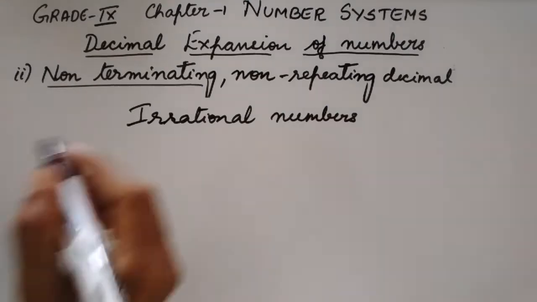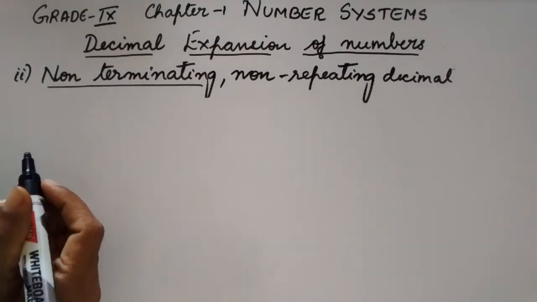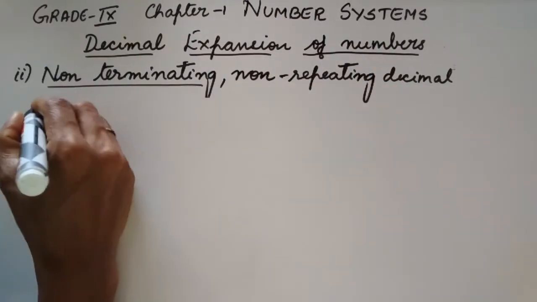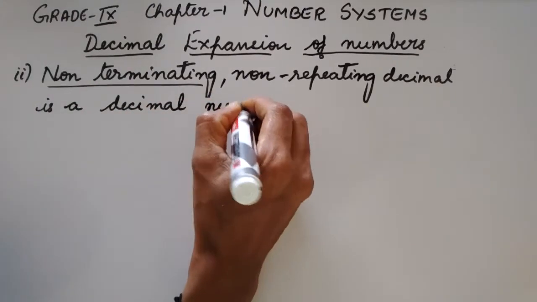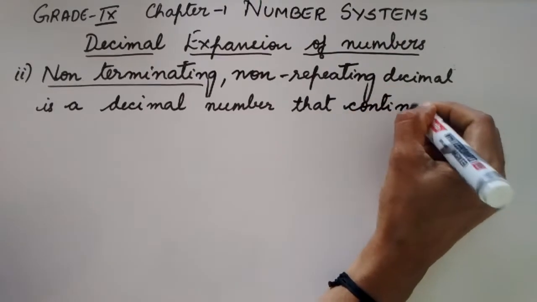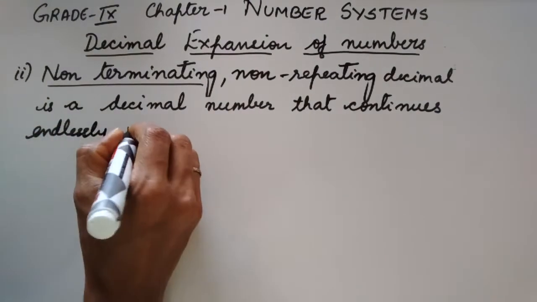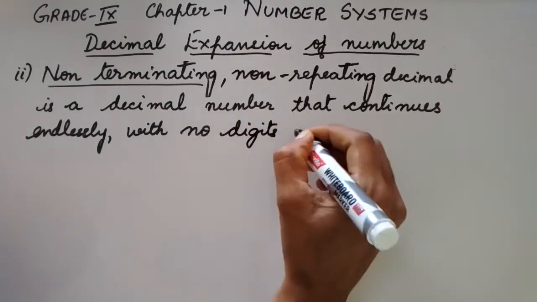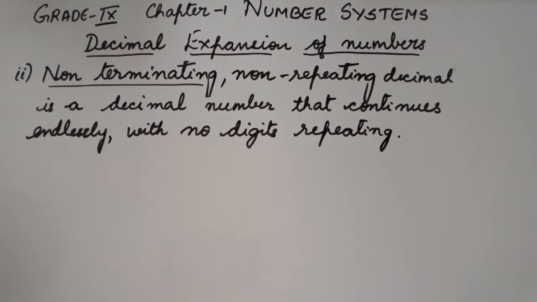For example, let me first write the meaning. A non-terminating, non-repeating decimal is a decimal number that continues endlessly with no digits repeating. Here the numbers in the quotient won't repeat.